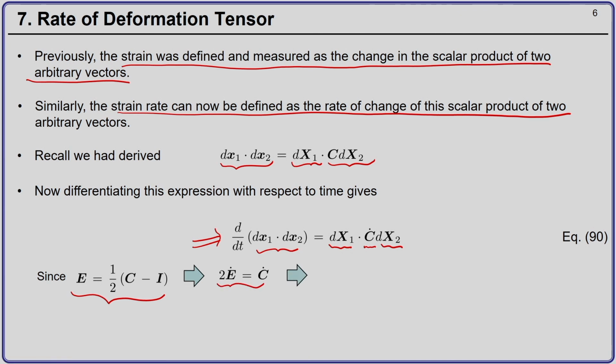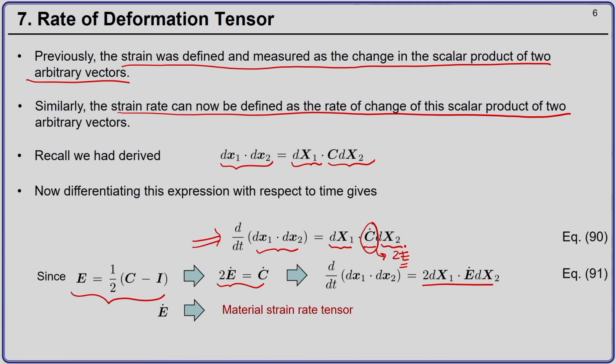Which means I can replace C dot here with twice E dot. I can replace the time derivative of the right Cauchy Green tensor with the time derivative of the Green Lagrange strain tensor, and that is what I am going to get. Where E dot is called the material strain rate tensor.